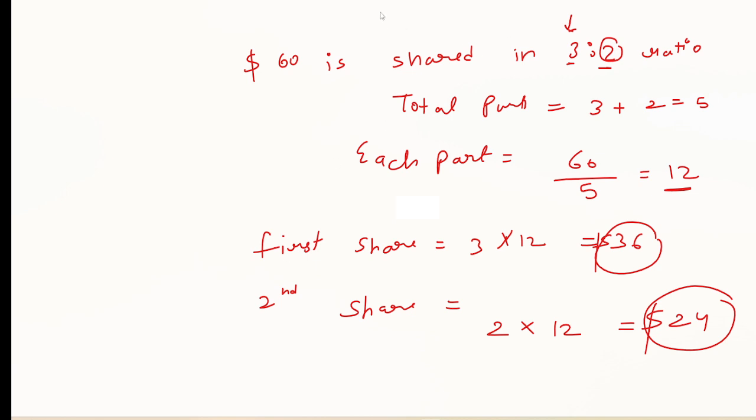Then how do we compare ratios? This was an example of sharing in a given ratio. Then they can ask you for comparing ratios, like compare 4 to 5 and 8 to 10. So we just multiply 4 by 2 and 5 by 2.